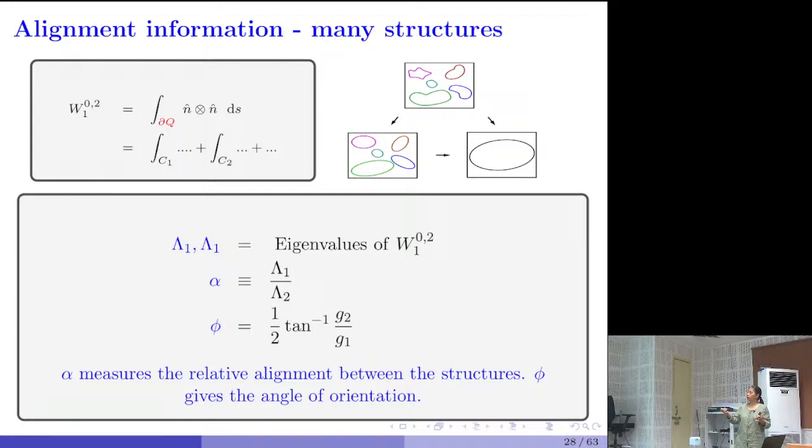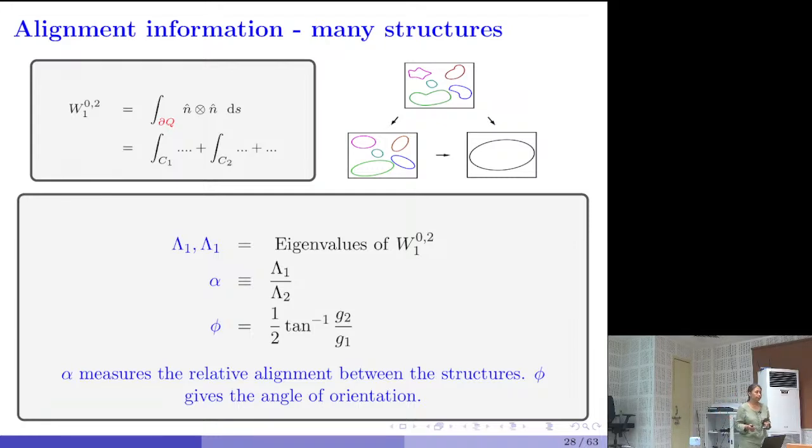So if there is only one ellipse, alpha and beta are the same, and if there are many ellipses, then alpha is different from beta. And I can also define an orientation angle phi, which is different from the previous notation, that was var phi. And this is how we can extract all this information using this.